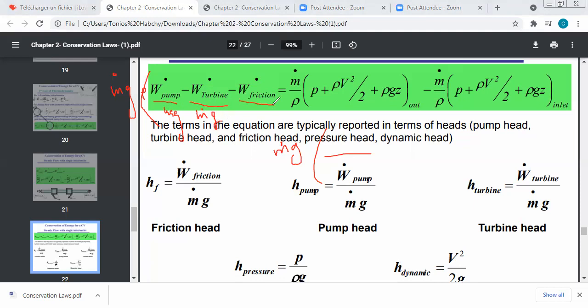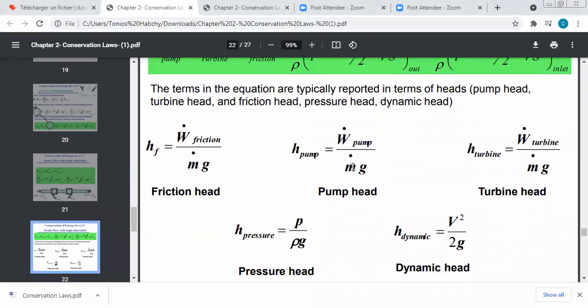In this way we can express our balance as a balance of heads. We will name W dot friction over m dot g the friction head. W dot pump over m dot g is the pump head. W dot turbine over m dot g is the turbine head. Since P over rho g is related to pressure, we call it pressure head.